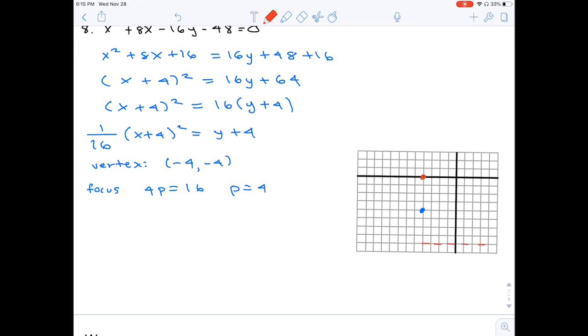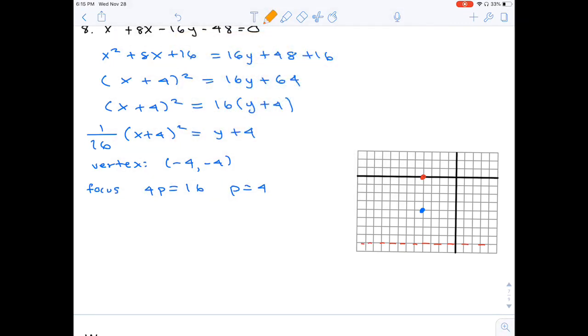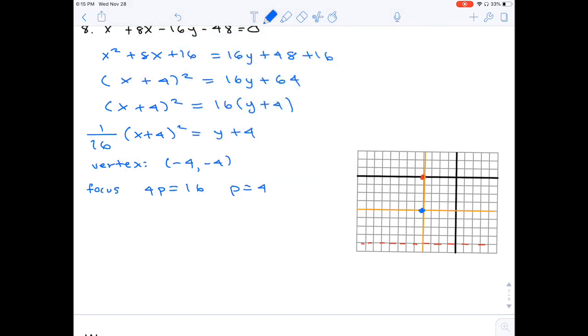So right here. Okay. Next, we, as always, make a coordinate grid going through the vertex so that the vertex is the origin. And we make a table.